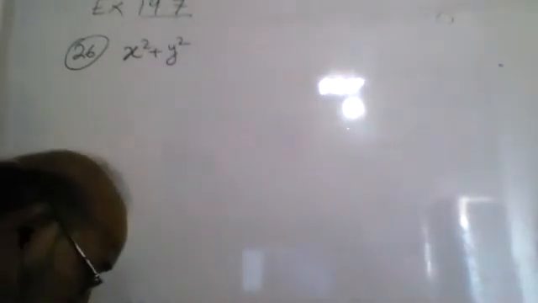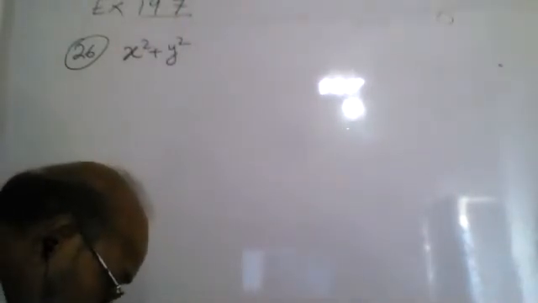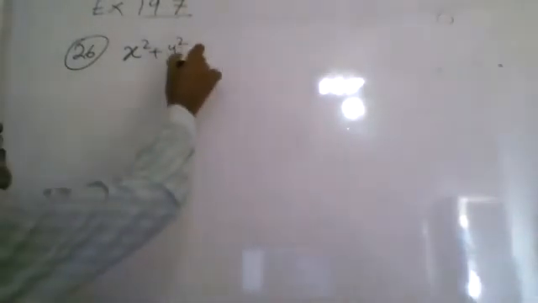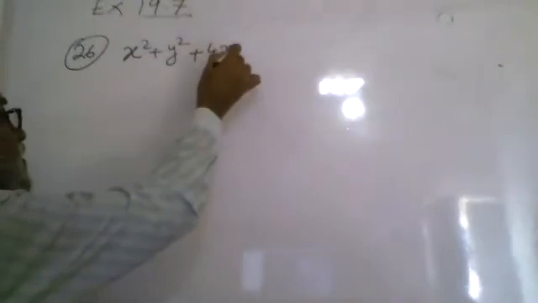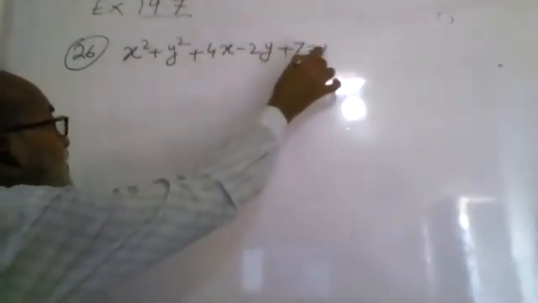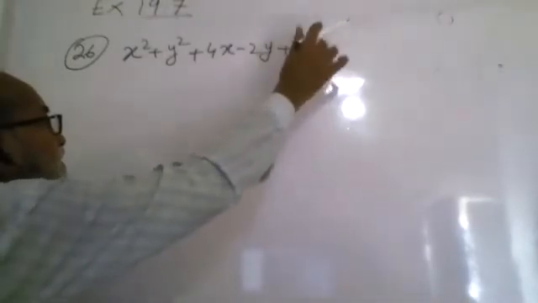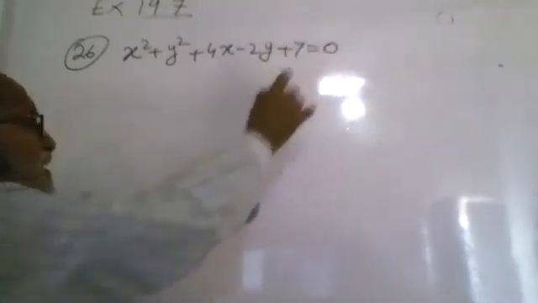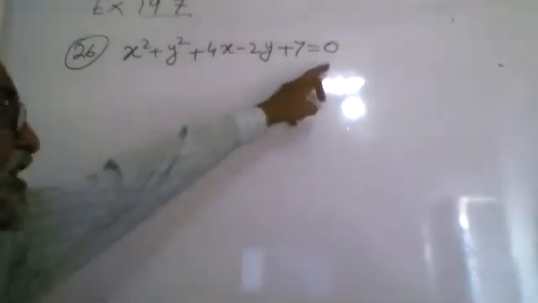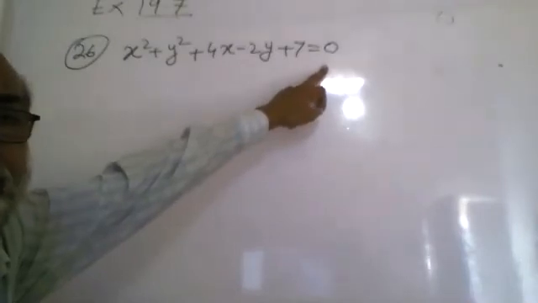Question number 26. X square plus y square plus 4x minus 2y plus 7. Standard form means, first of all, we will shift the constant from the right side to the left side.